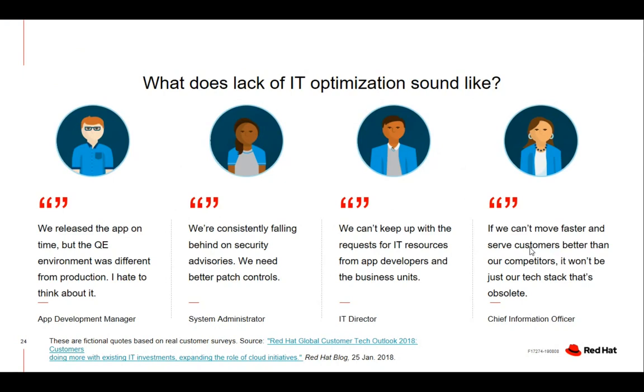A kind of challenge faced by an IT director: we can't keep up with the requests for IT resources from app developers and business units. I have been an application developer myself, and it is a nightmare sometimes to ask your IT team to provision a particular server or an IT resource or maybe storage on the fly, right? Why?